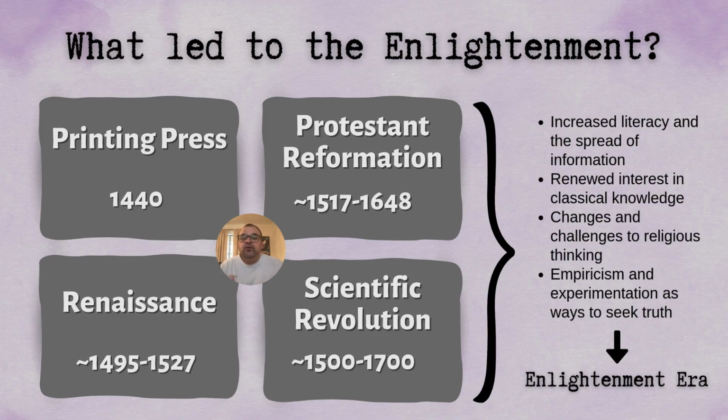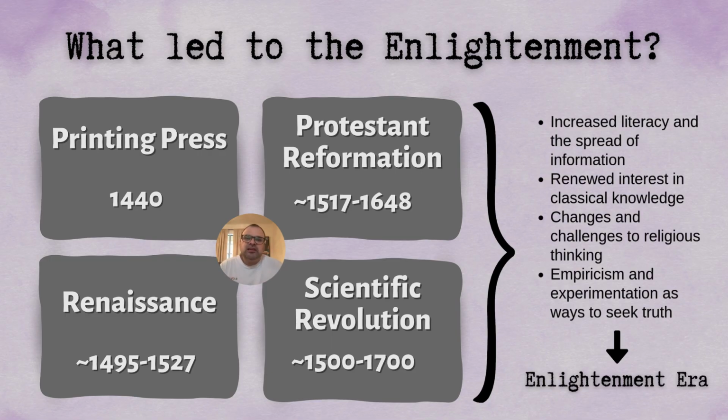So it's really important that you understand the relationship between the periods and events that we've talked about thus far, especially with regard to European history, and how they relate to the Enlightenment era. The Renaissance period was the cultural, the artistic, the political, and economic rebirth of Europe following the medieval Dark Ages.